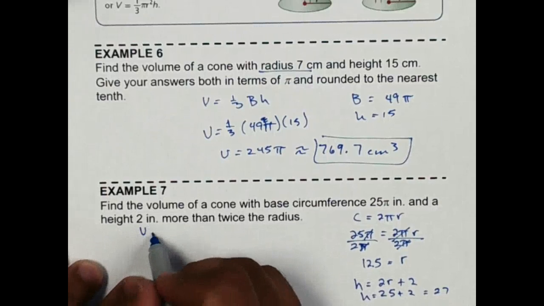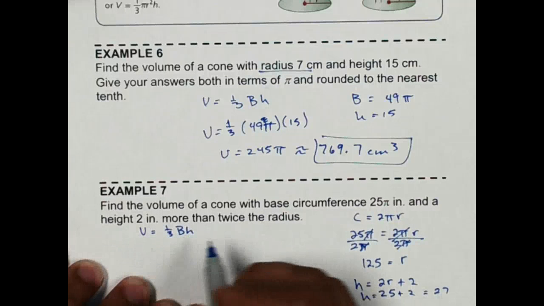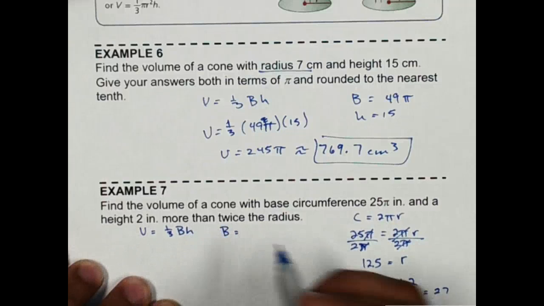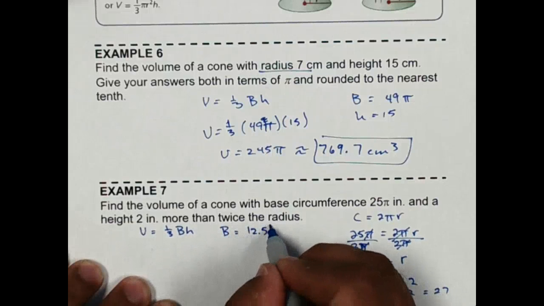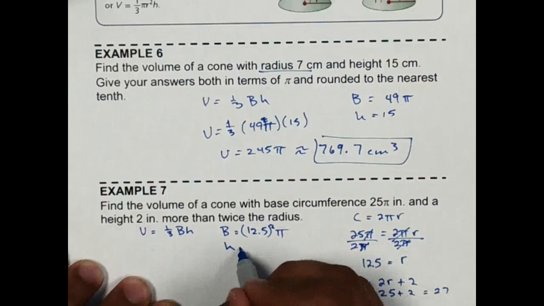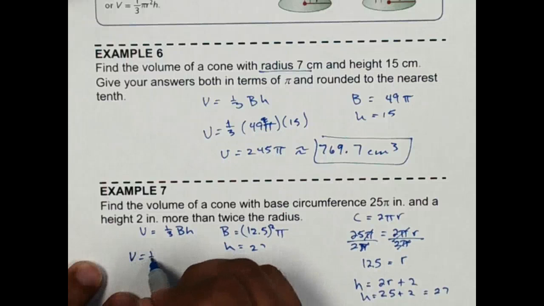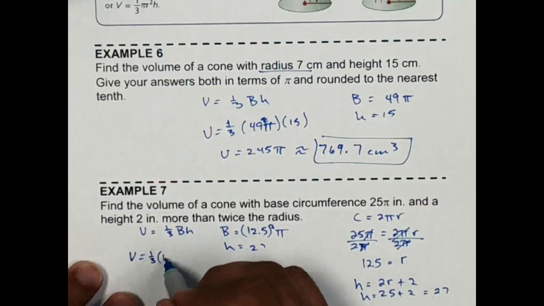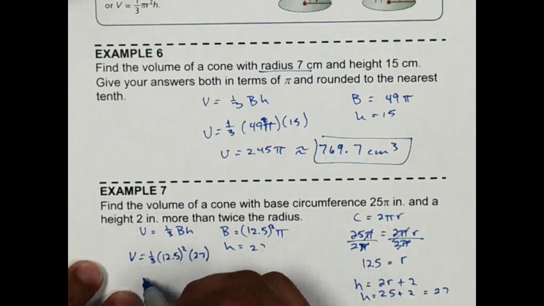Now, volume is 1/3 area of the base times the height. My base is a circle and my radius is 12.5, so that's 12.5 squared pi. My height we said was 27, so volume is equal to 1/3 of 12.5 squared times 27.